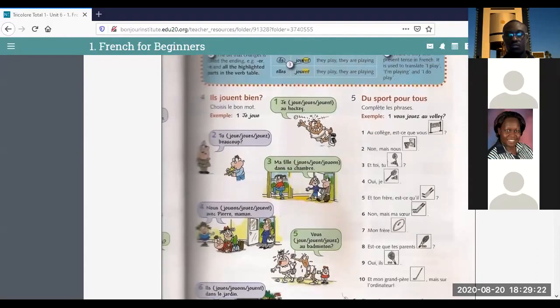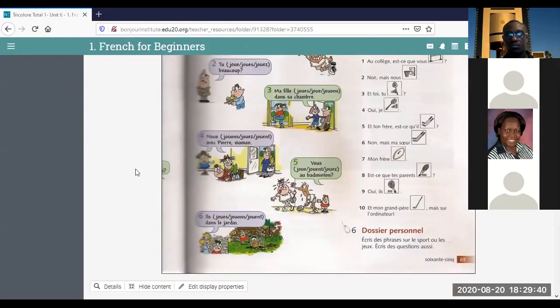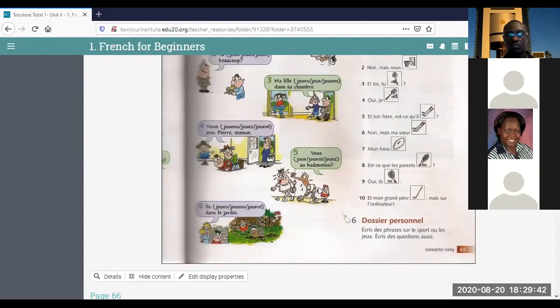Nancy, numéro 4. Nous jouons avec Pierre, maman. Oui, très bien. So which one did you pick? The first one. Oui, très bien. Numéro 5, Beryl. Vous jouez au badminton. Très bien.